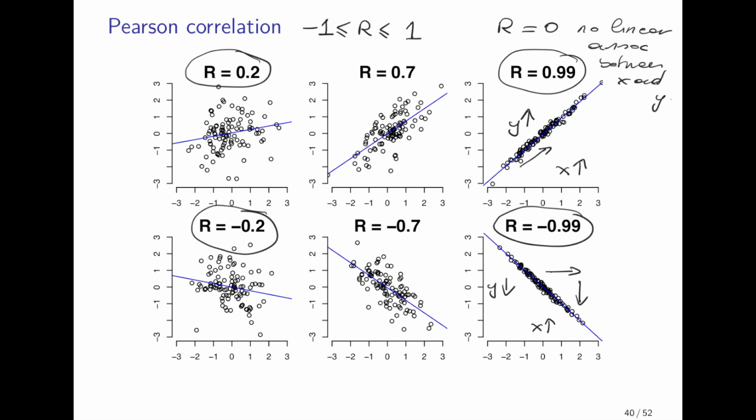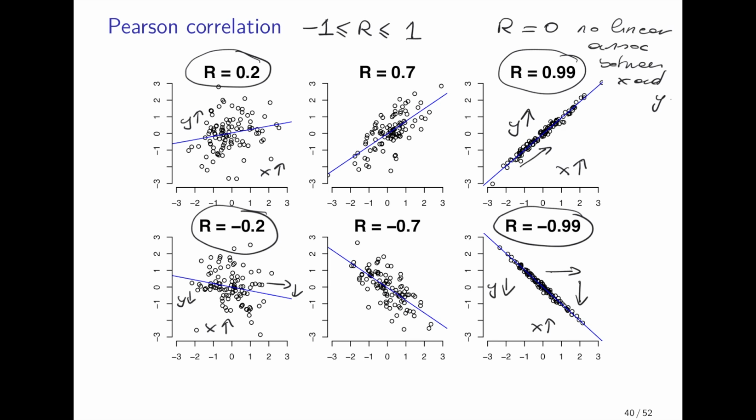You still see if x increases, then y also increases, but it's not as pronounced as the other case. And likewise for the negative correlation here, if x increases, y decreases, but not very strongly. And there are definitely data points which defy the trend.